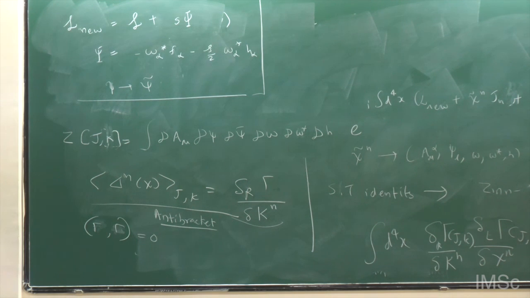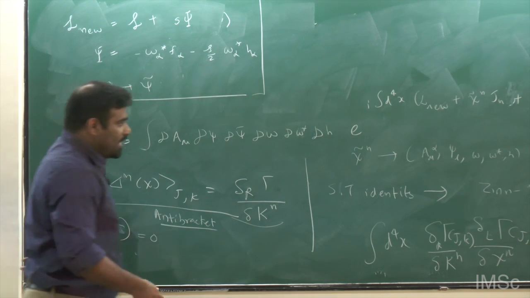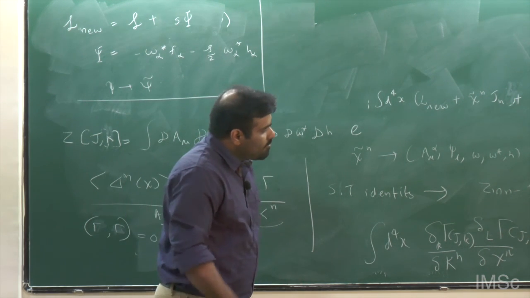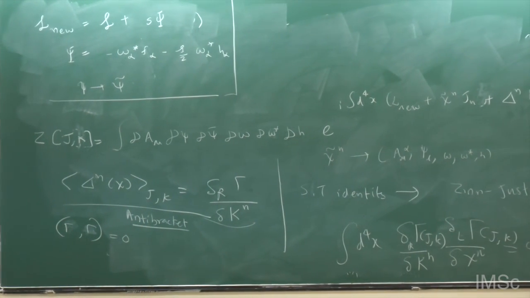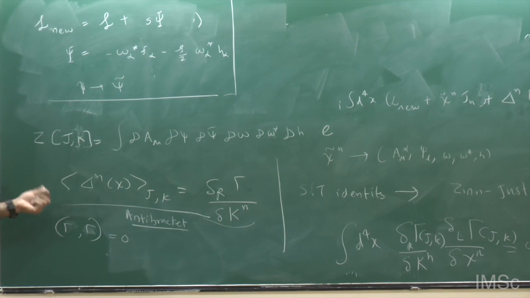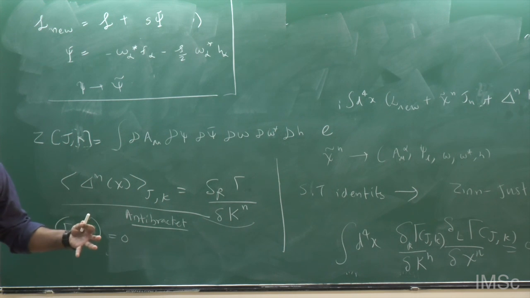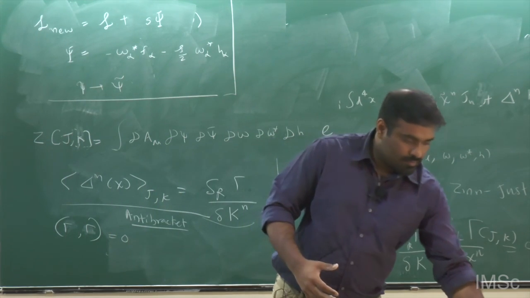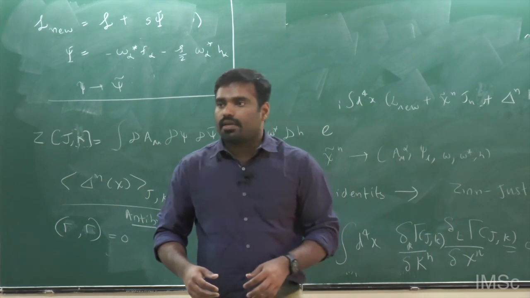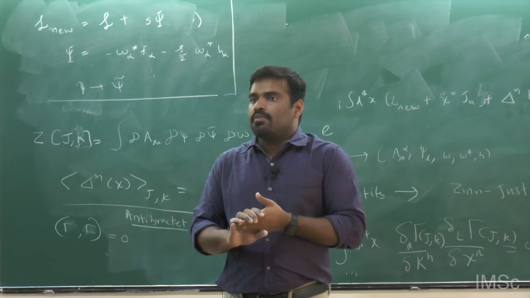So BRST transformation, or BRST invariance, gives you nice relations between an infinite number of correlation functions. That's what you mean by an identity satisfied by the generating function or the effective action itself. So the BRST symmetry has a big role to play, and the sources of the BRST transformation have more to do than you expect, and that's the starting point of BV formalism.